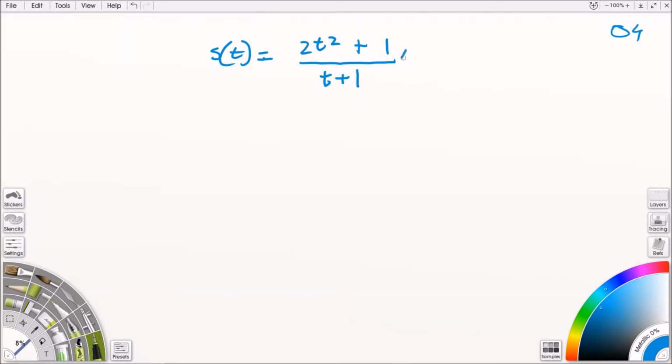This problem is different to what we've been doing lately because we need to use the quotient rule. The quotient rule is a way, when we have a function on top and a function down the bottom, divided together, to derive the function.